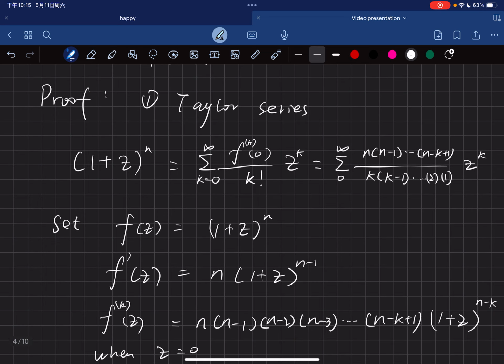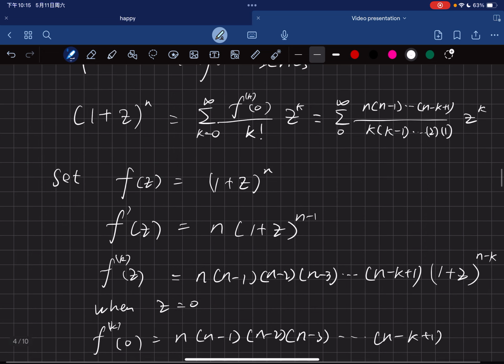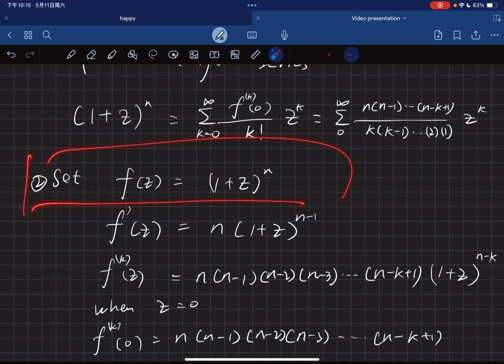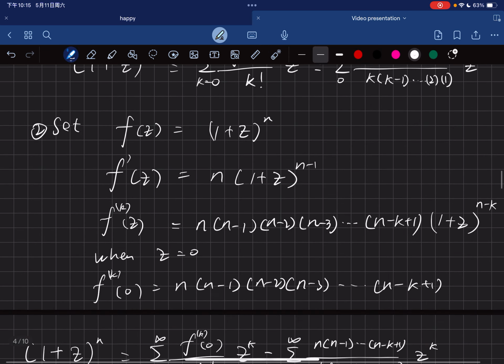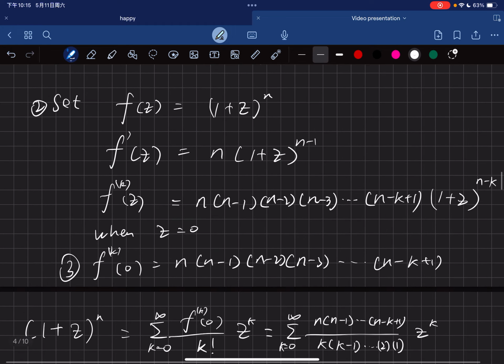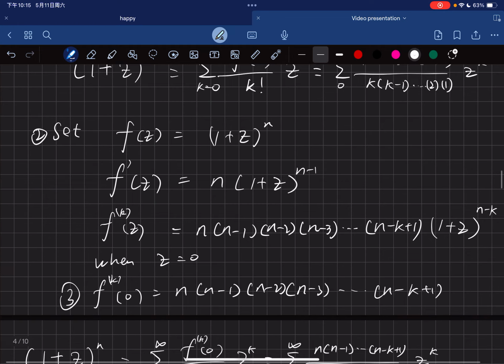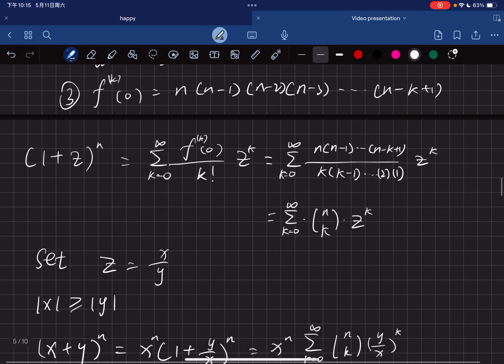First, you need to know the Taylor series, right? Second, you should know how to take the derivatives of a function. You should set the function, and you should let z equal 0 to find the coefficients of the function.